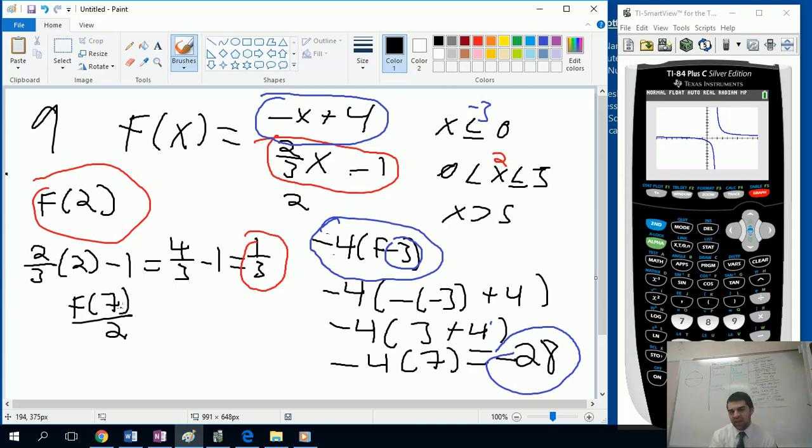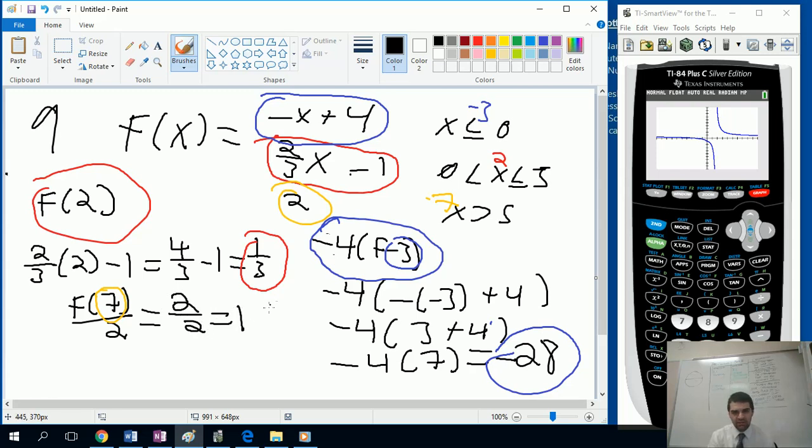So if x is equal to 7, f of x is going to be equal to 2. Here 7 is greater than 5, and any x value that's greater than 5, your f of x value is going to be equal to 2. So f of 7 over 2 is going to be equal to 2 over 2, which is equal to 1.